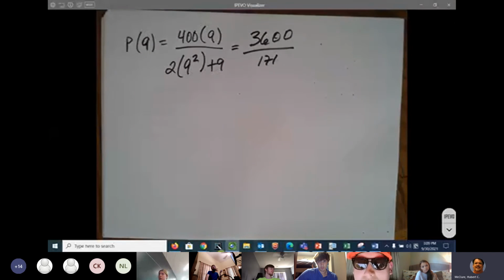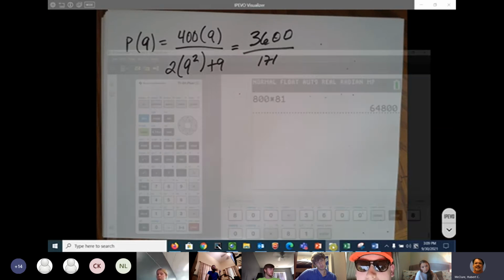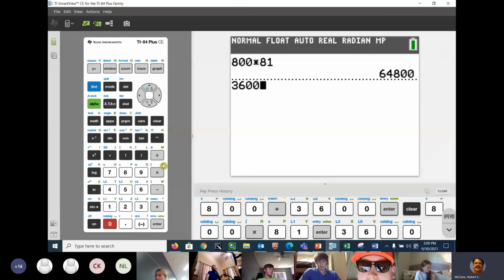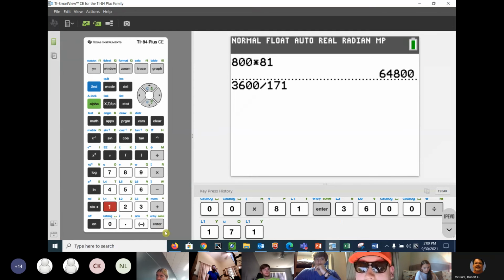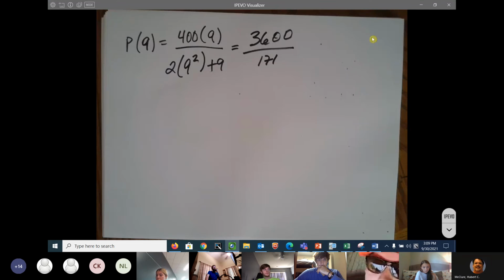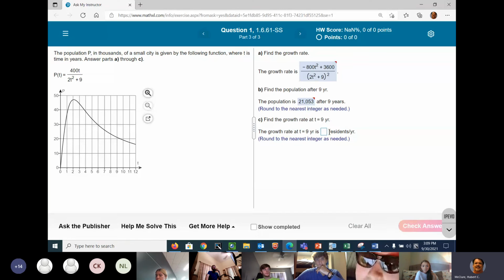Let's go with 3,600 divided by 171. That don't look right at all. 21.05, is that what they got? Yeah, 21.05. Well, it's in thousands, so that's why. So 21.053.